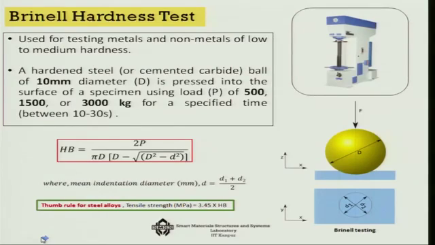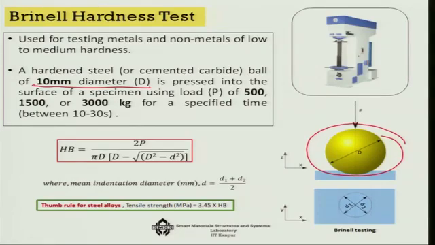Now, in this case, however, the indentation is done not by a cone, but by a hardened steel ball, as you can see here, or sometimes a cemented carbide ball of 10 millimeter diameter, generally capital D, which is conventionally used.